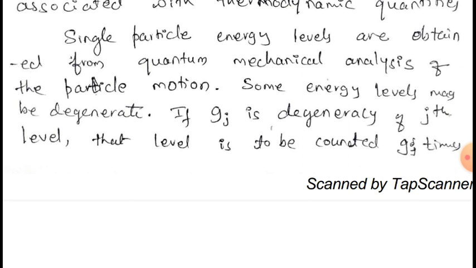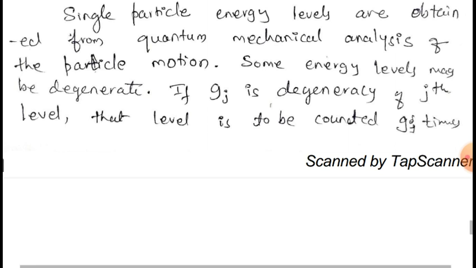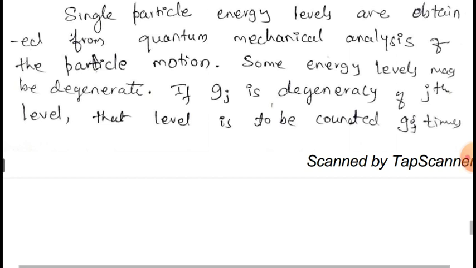Some energy levels may be degenerate, as you have seen in the Zeeman effect, or even in an atom containing one valence electron. Every upper energy level is doubly degenerate, except S. All the energy levels are split into two.